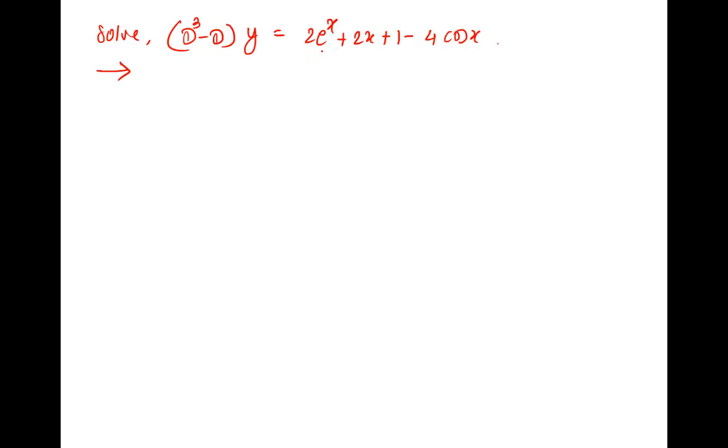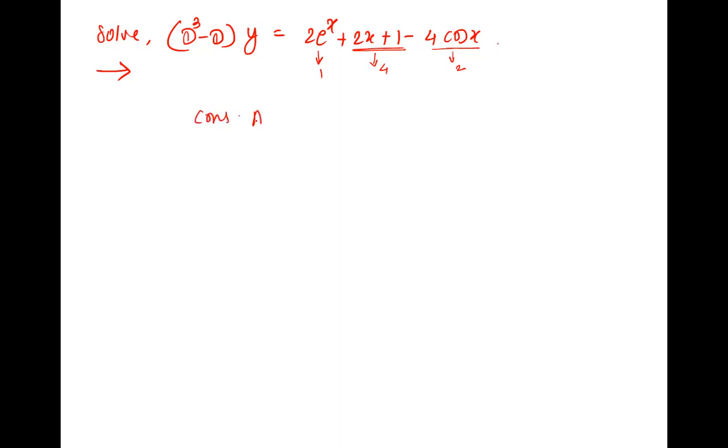E raised to x, yes, this is case 1. Then a polynomial, 2x plus 1, plus 1 is also allowed. This is the polynomial case, and this one is a sin or cos case. Yes, this is case 2, this is case 4, this is case 1. Right. So go and solve.